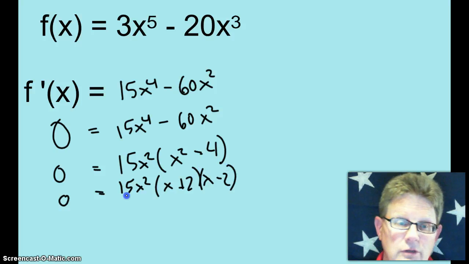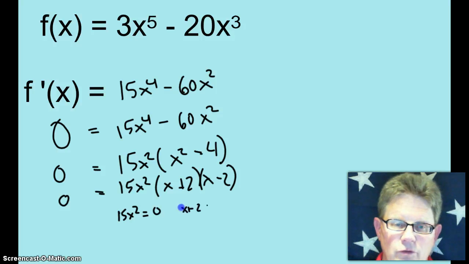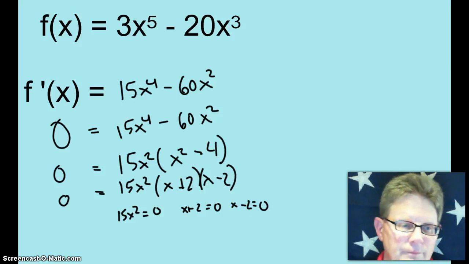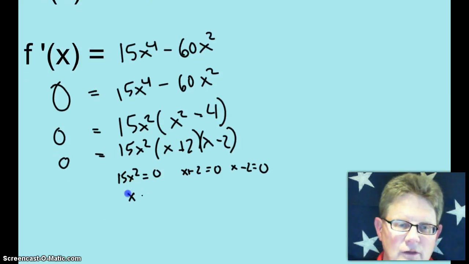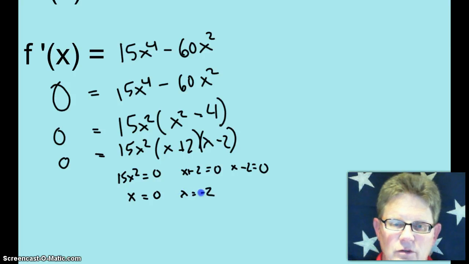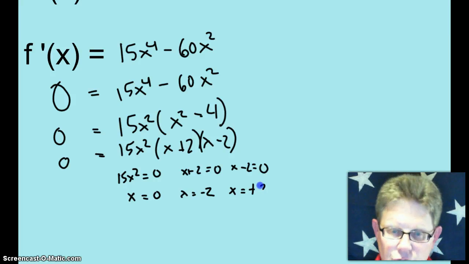So our critical numbers are: 15x squared equals 0, x plus 2 equals 0, x minus 2 equals 0. So x equals 0, x equals negative 2, and x equals positive 2.